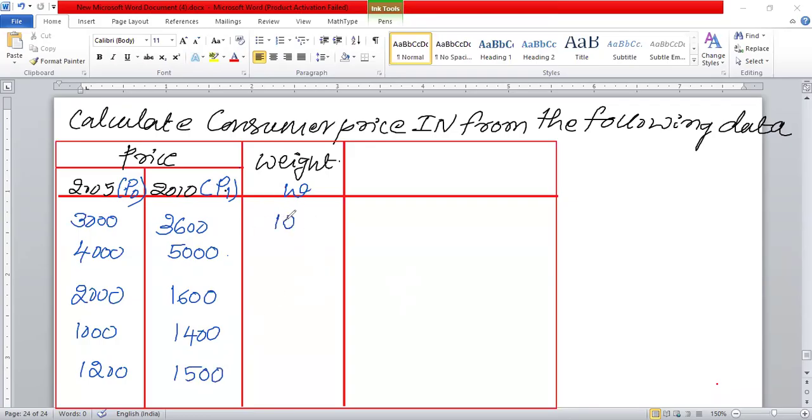Weight is 10, 12, 5, 15, 5. So write the formula.